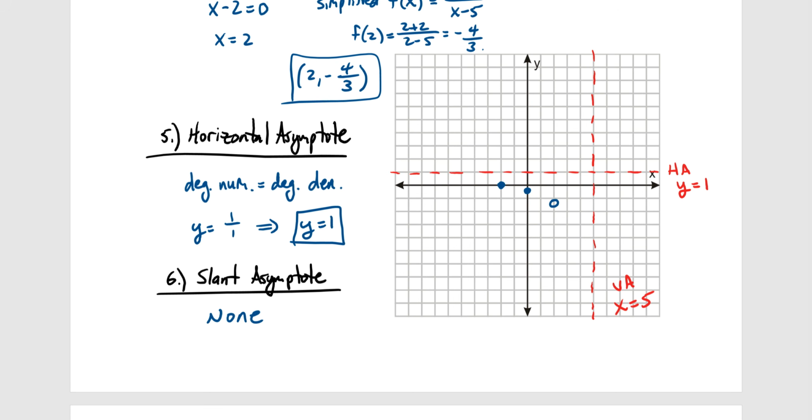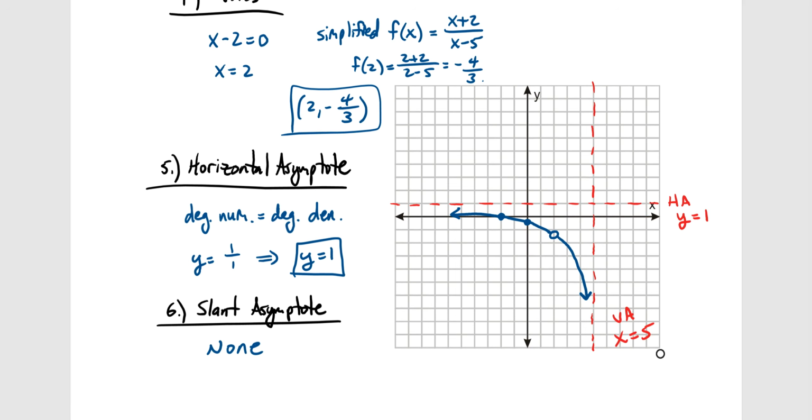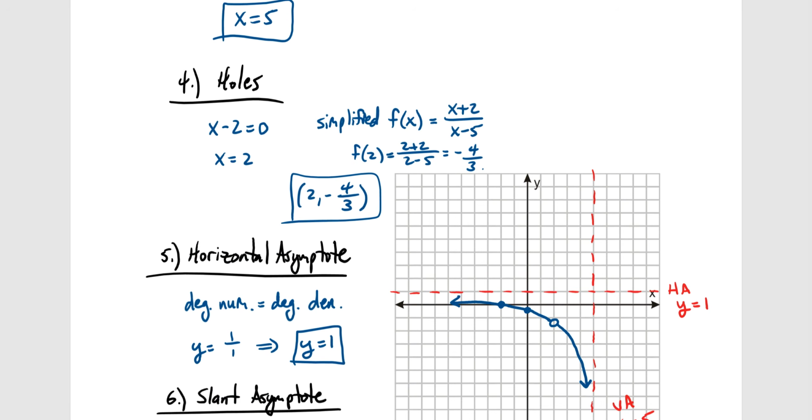So this is what it looks like when we plot everything that we have. Hopefully the left side of this vertical asymptote is pretty obvious. We should know it looks something like this. And for the right-hand side of the vertical asymptote, let's plug in an x value to the right of 5 and get its y value out just so we can verify that it's up here.